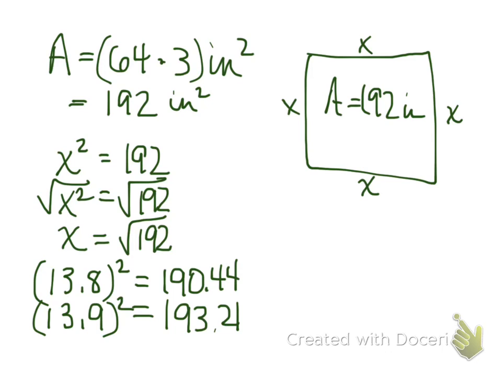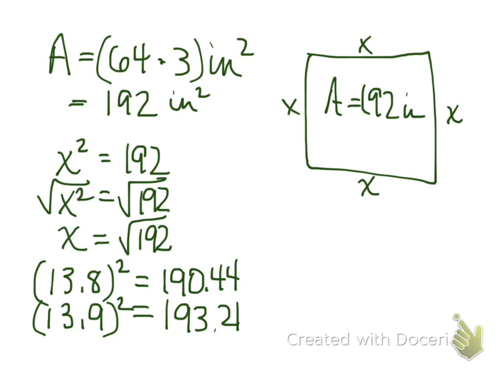It's 193.21. So 192 is in the middle of those. And we could ask ourselves, is it closer to 13.9, closer to 13.8? Okay, so it's pretty well right in the middle between these two. Maybe about 1.6 away from this one and only 1.2 away from 13.9.